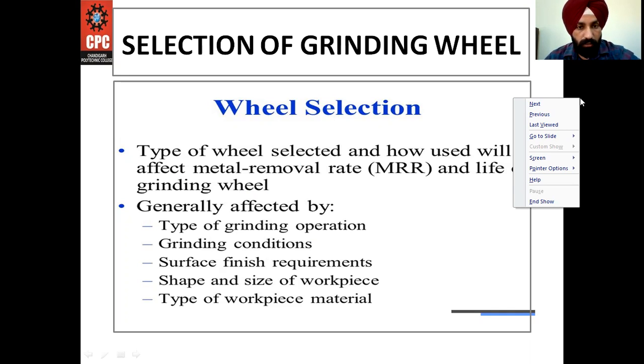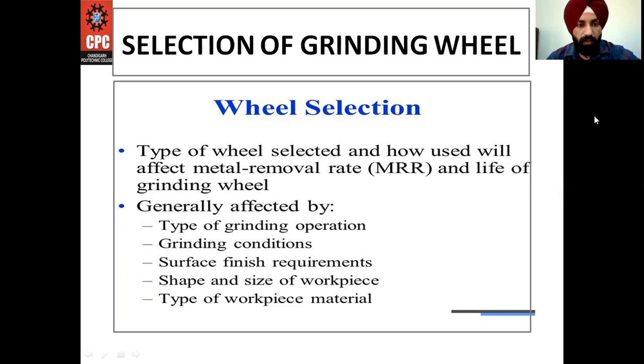Next, the type of wheel selected will affect material removal rate and life of the grinding wheel. It is generally affected by types of grinding operations, grinding conditions, surface finish requirements, shapes and size of workpiece, and type of workpiece.